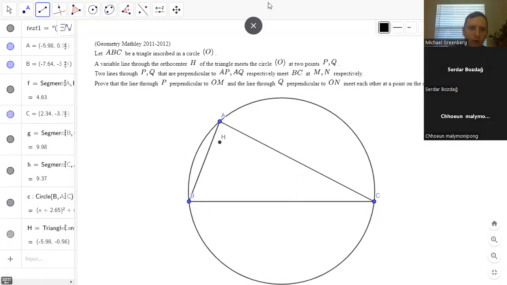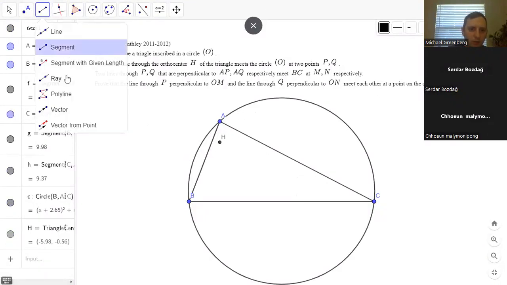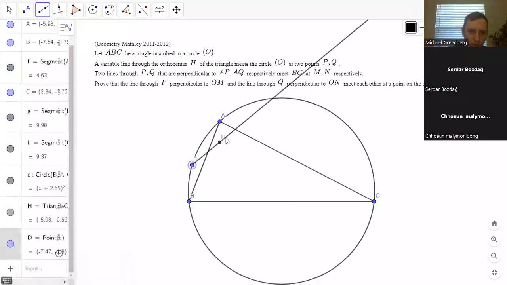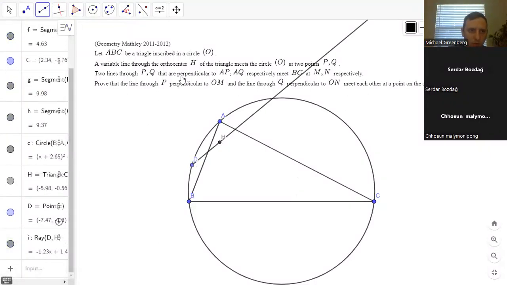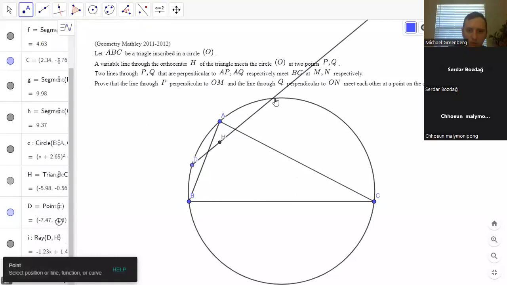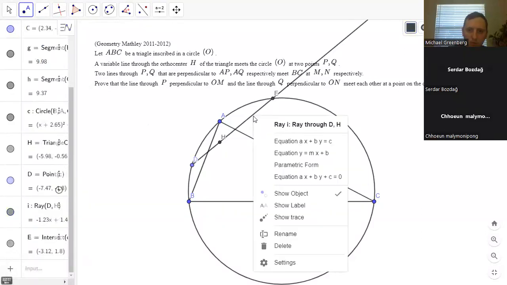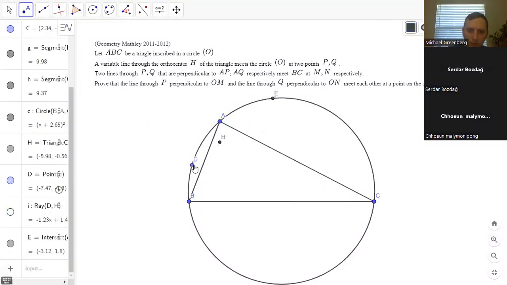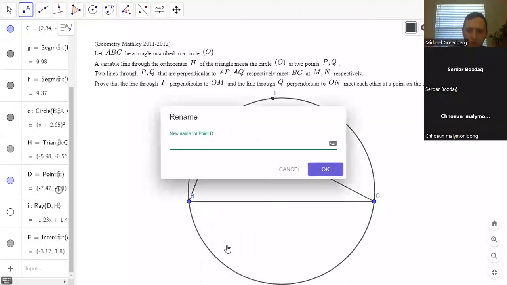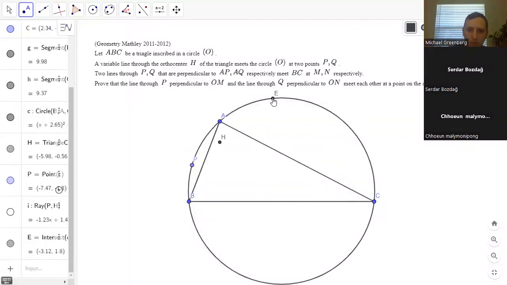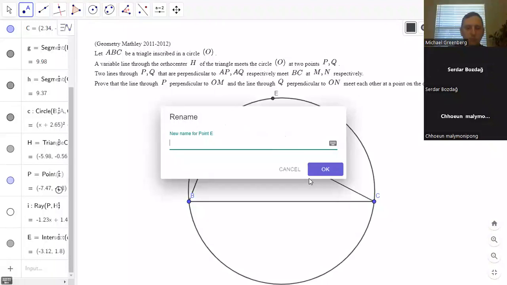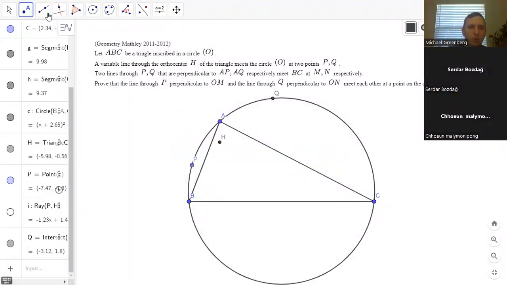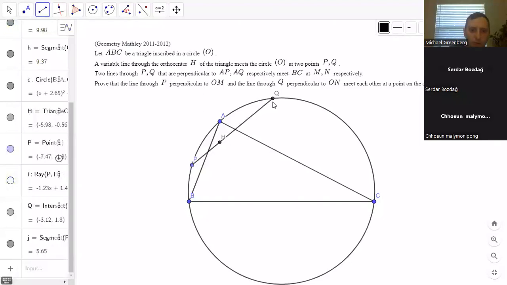Let's see, I should draw a ray on a line. So we have P and Q. And then two lines through P and Q perpendicular to AP and AQ.